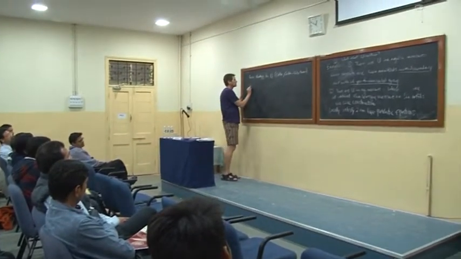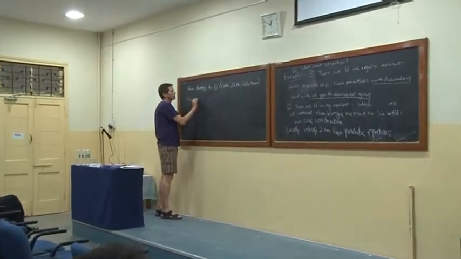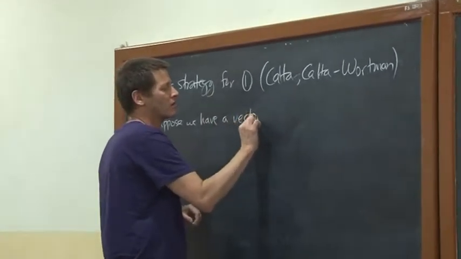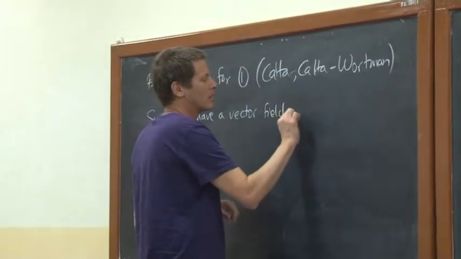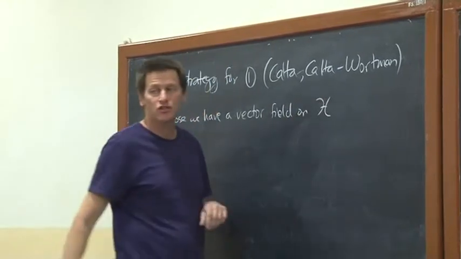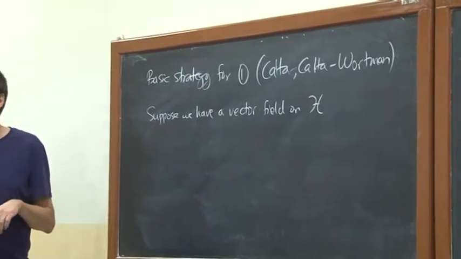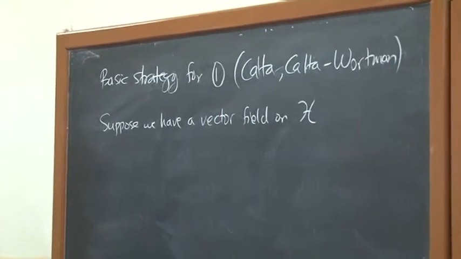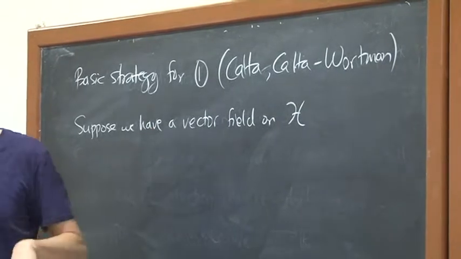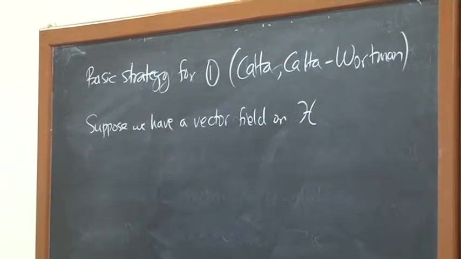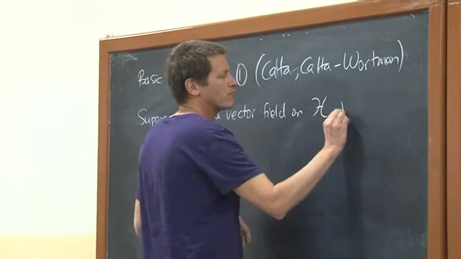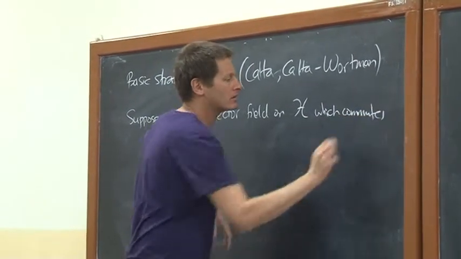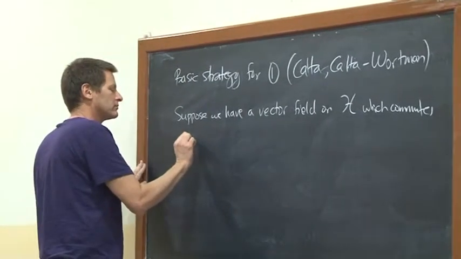So suppose we have a vector field on H. Vector field on H just means the choice of a point at each tangent space. It's a vector field, so at each point in H we choose a vector in the tangent space, which commutes with the U action.